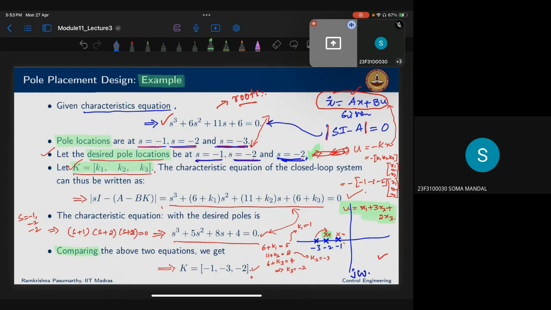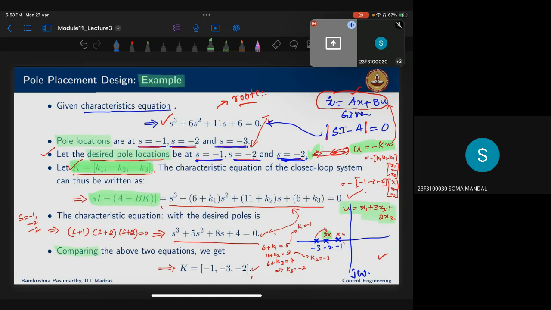For that purpose, first we start with u equal to minus Kx, where K is nothing but K1, K2, K3. Now we take det(sI minus A plus BK).